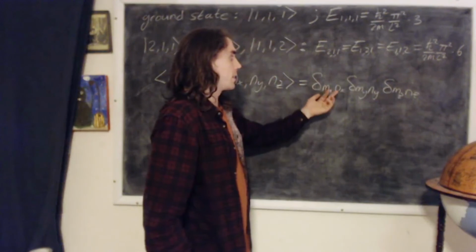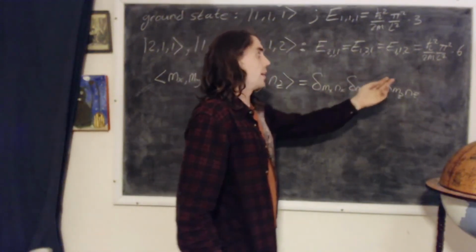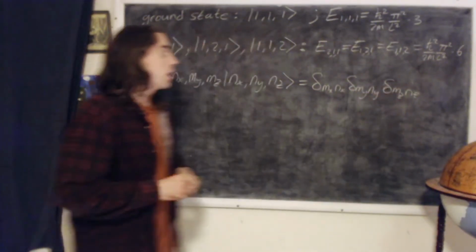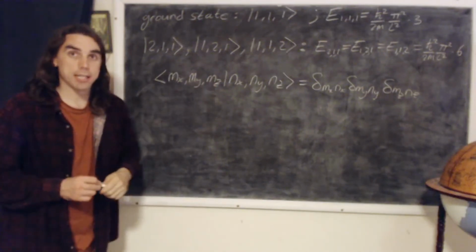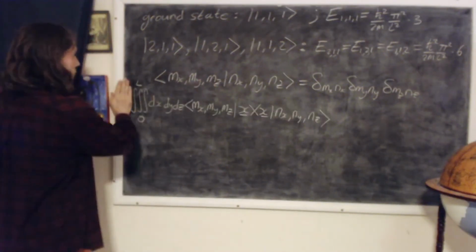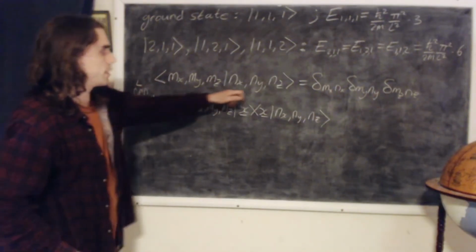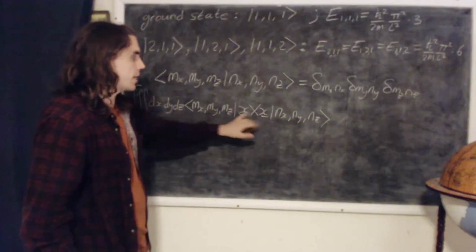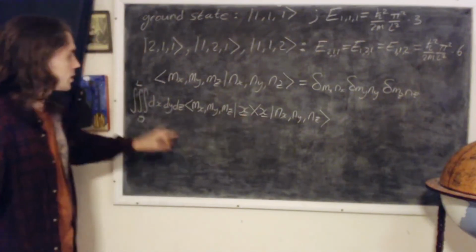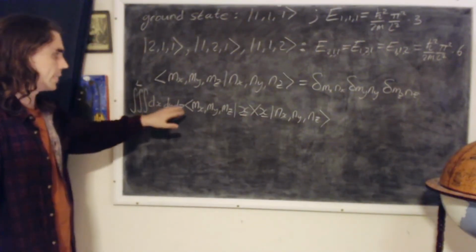So we need mx equals nx, my equals ny, mz equals nz. This is quite straightforward to prove, as usual, by insertion of the identity, which takes the following form. That is, we've just taken this inner product here and inserted a complete set of position states, where again these are three-dimensional now, and so our volume integral must be dx, dy, dz.